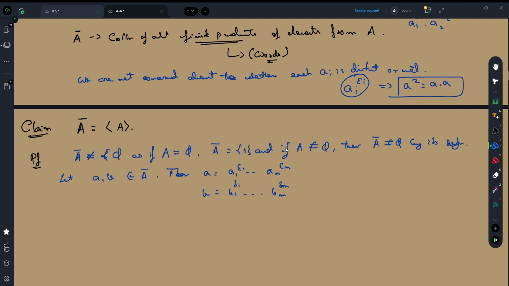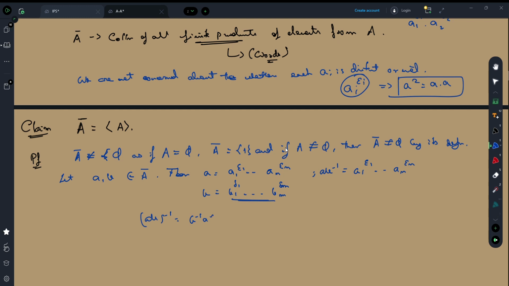These are finite products, so n need not be equal to m, and the epsilon i's need not be equal to the delta i's. There is no equality necessary between them. That is precisely the fact. So what can I say about a b inverse? a b inverse is a1 to the power epsilon 1, and so on till an to the power epsilon n, times the inverse of b. And what is the inverse of this?